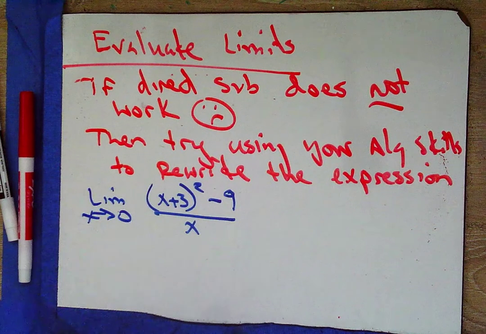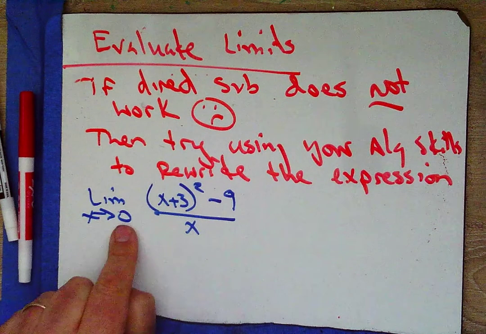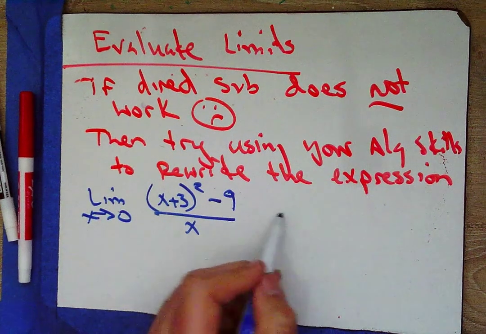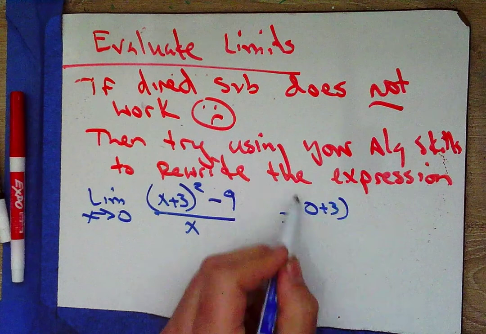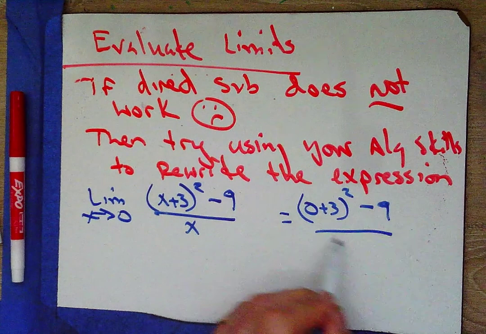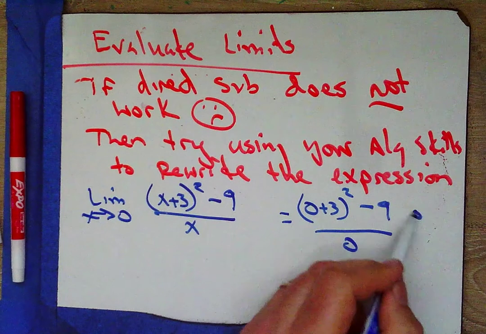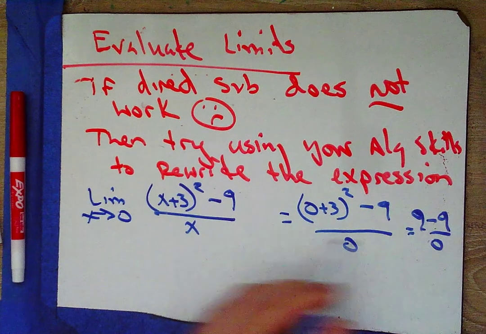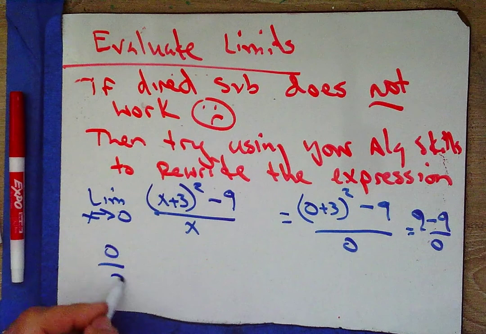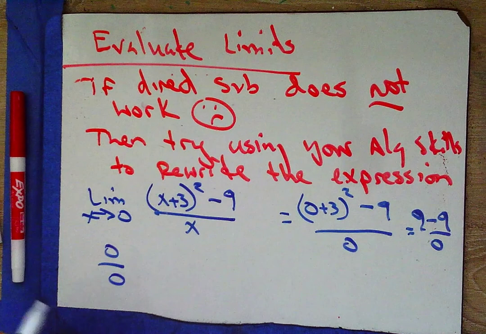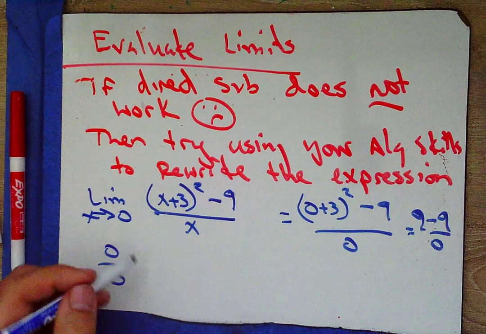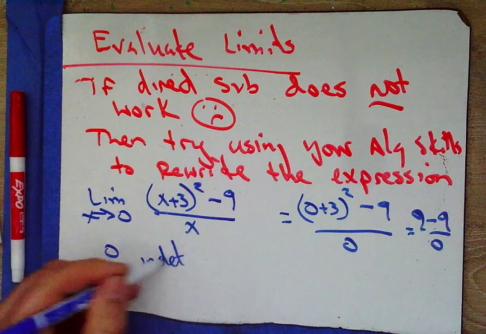So let's try direct substitution. I'm going to plug 0 in for all the x's. Okay, so I got 0 plus 3 squared minus 9 over 0. And I get 9 minus 9 over 0. I get 0 over 0. Yeah, so about that, that's an indeterminate form.